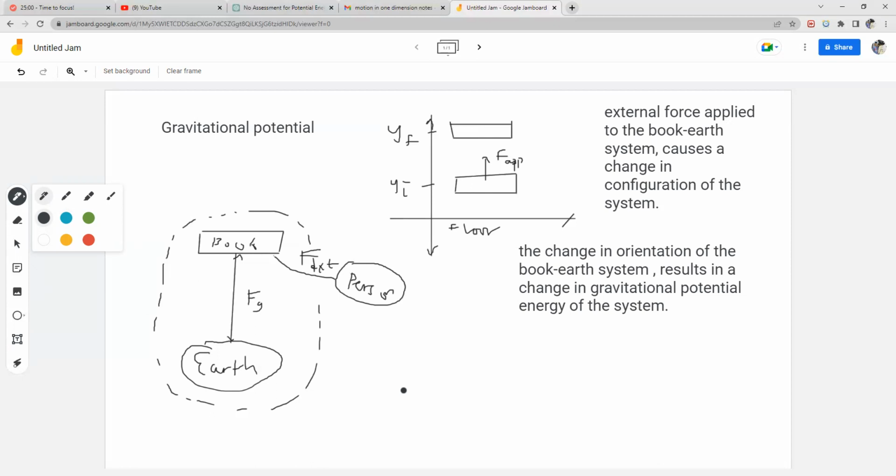What we can do is clearly, since this change in potential energy has something to do with the external force applied by the person, let's use the idea of work, the work done by the applied force, the external force.